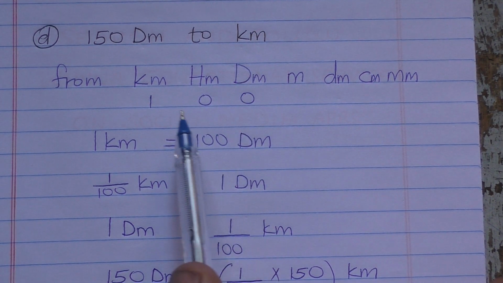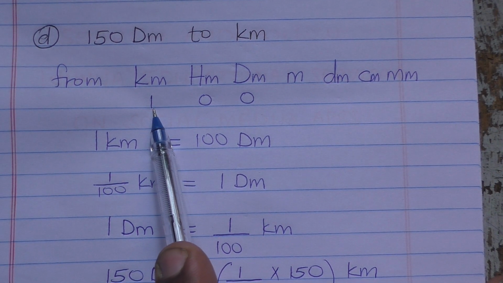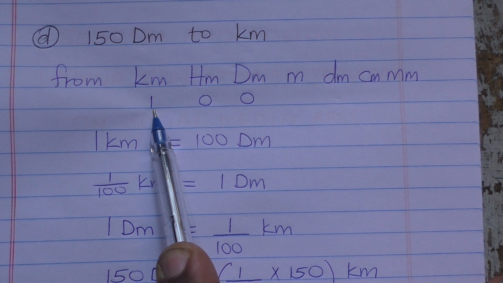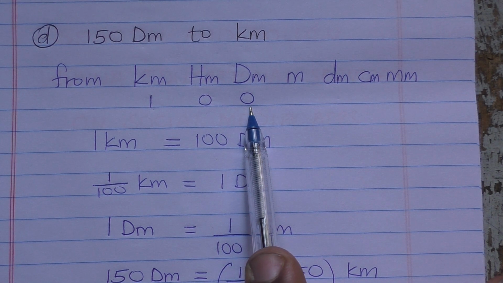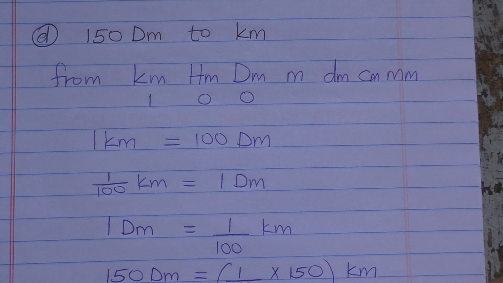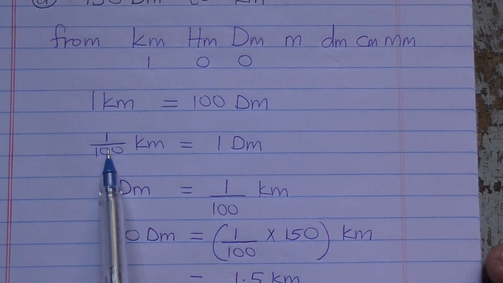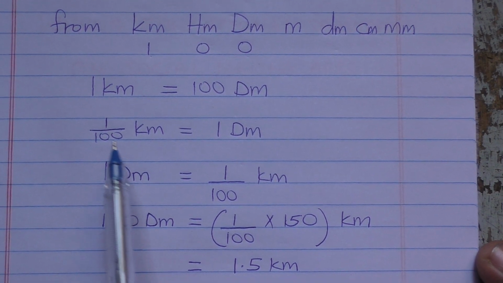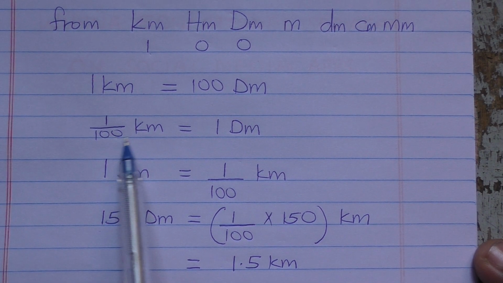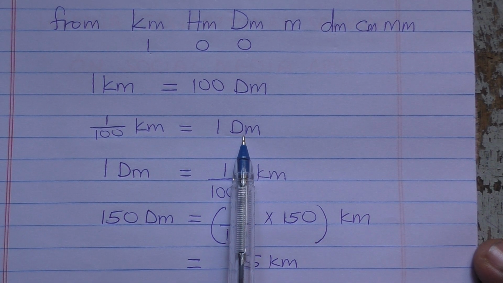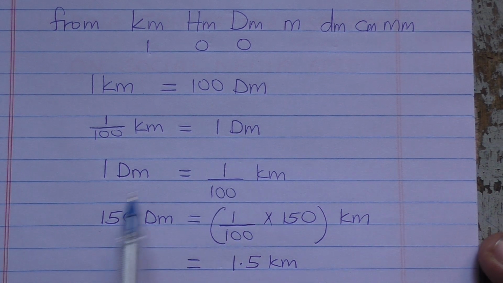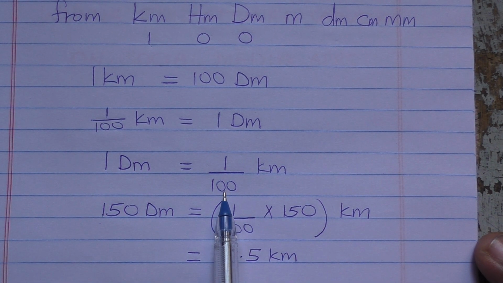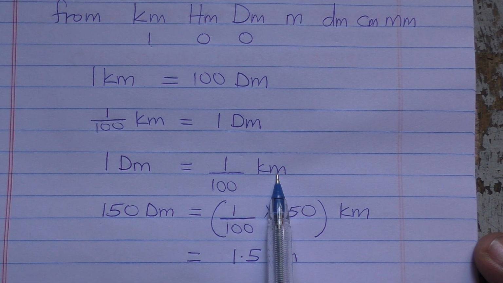We've seen that 1 kilometer is equivalent to 100 decameters. What about 1 decameter? We shall divide by 100 on both sides, so that 1 decameter equals 1 over 100 kilometers.